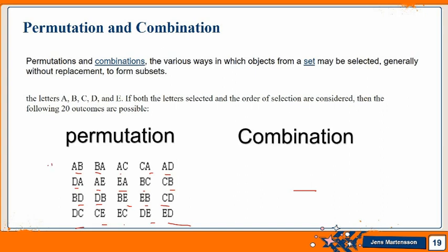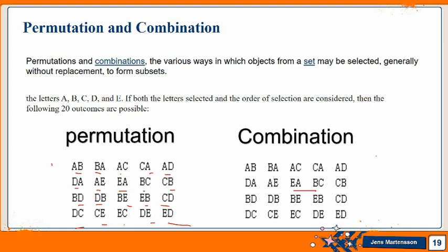While when we are in combination, yung 20 possible outcomes ng permutation, pagdating kay combination, pinag-iisa natin. So, sinasabi natin si AB at si BA is counted as 1. Si AC at si CA is counted as 1. Si AD at si DA is counted as 1. Si AE at si EA, 1.